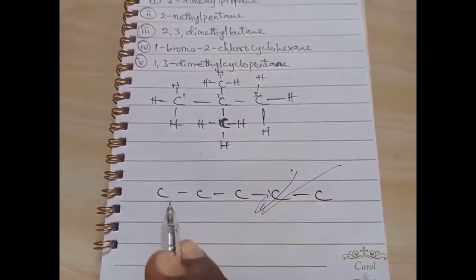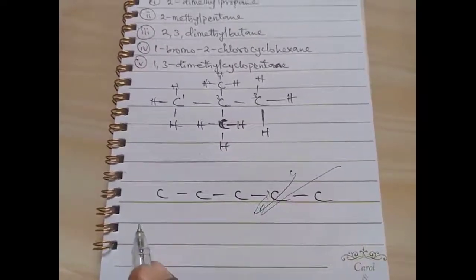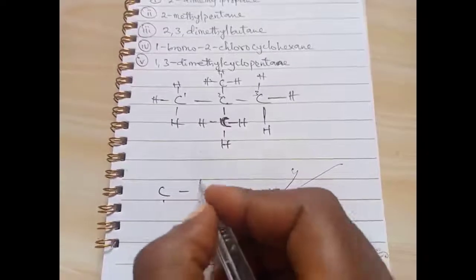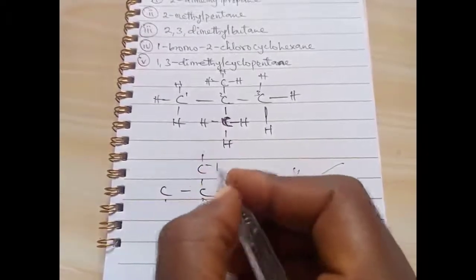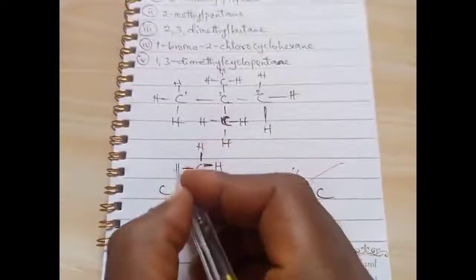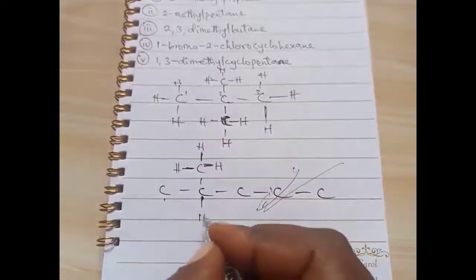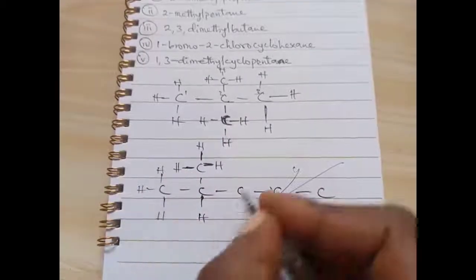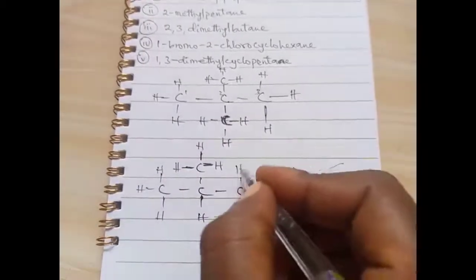So we either come from here or come from where. So if we are coming from here, this is second. So at the second carbon atom, there is methyl. That's what it means.